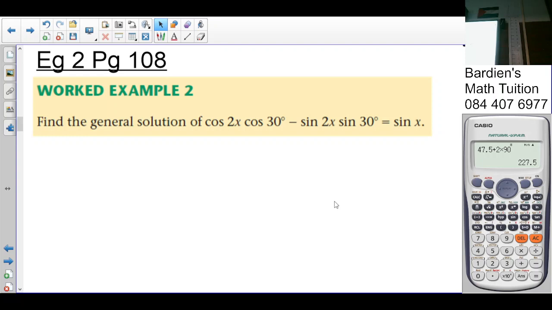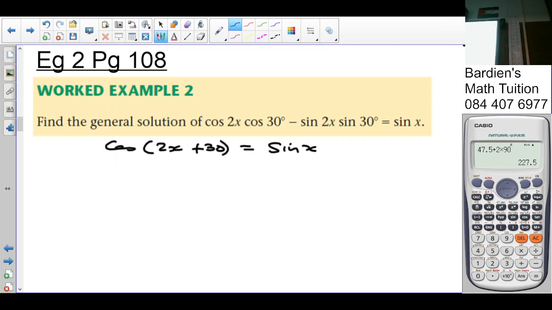So this will be cos of what? Cos 2x plus 30. Nice. Equals sin x.